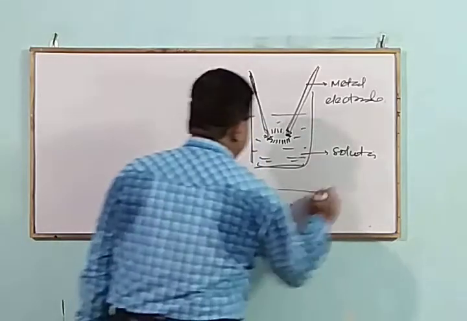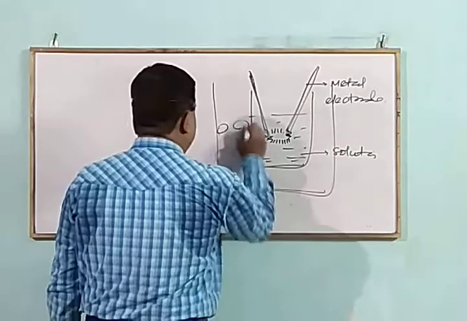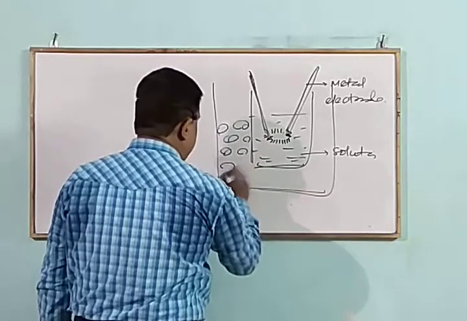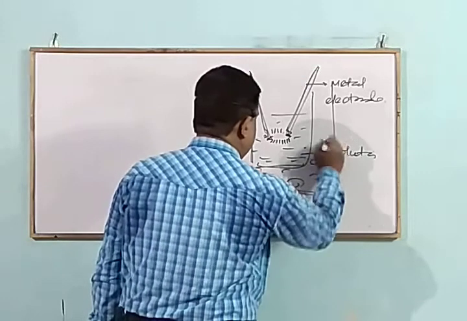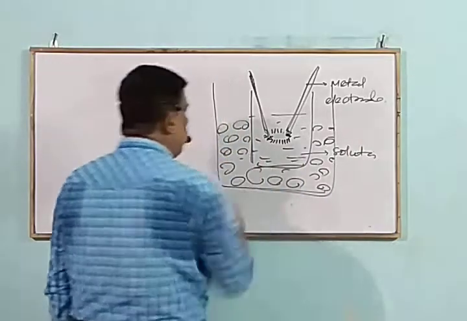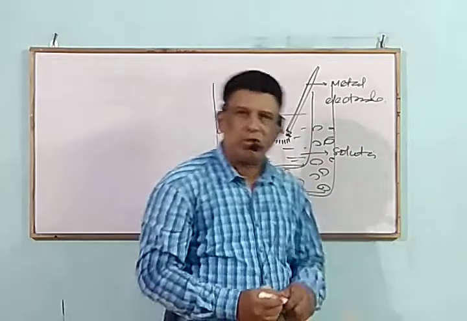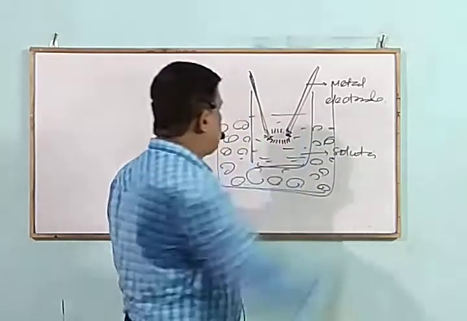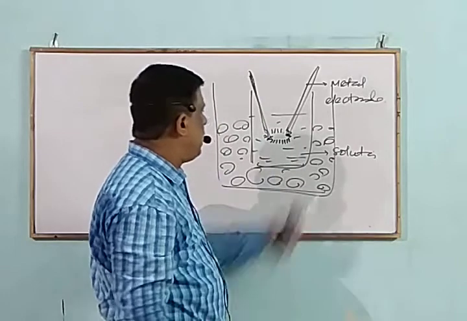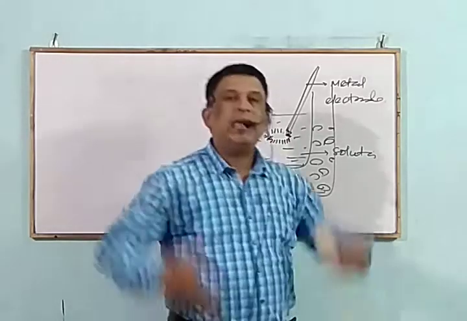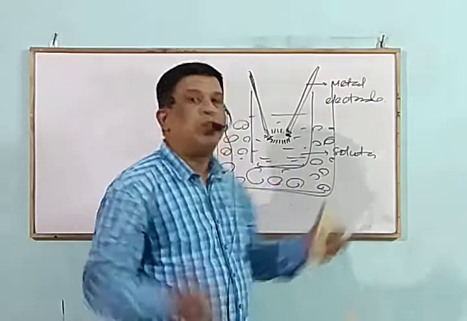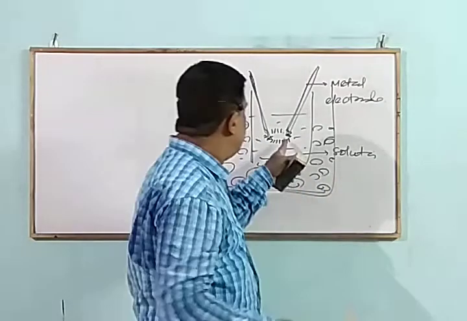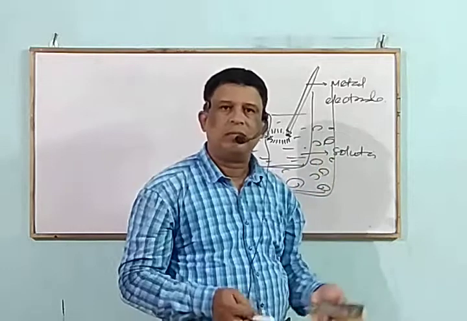Next it is put again in an ice bath. When an electric arc is struck between the two metal electrodes suspended in solution, intense heat is produced, as a result of which the metal vaporizes.